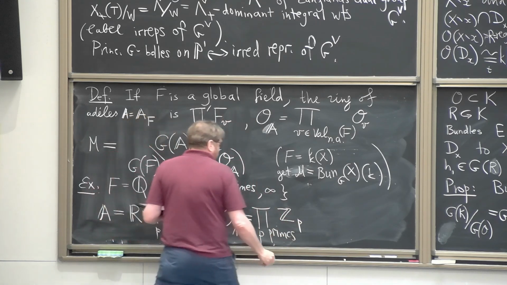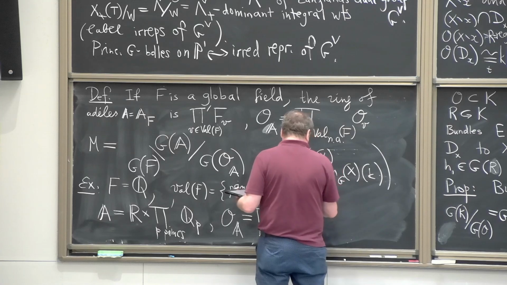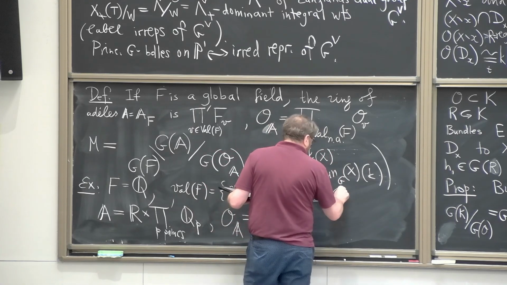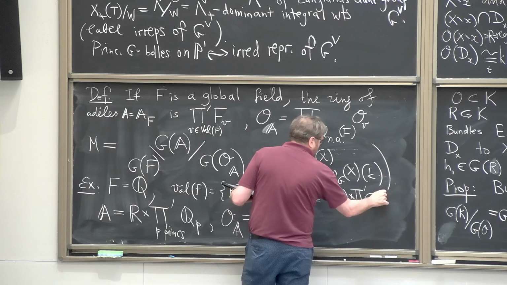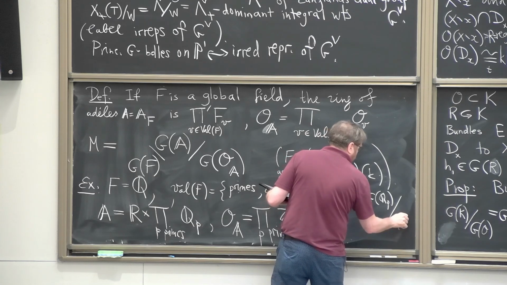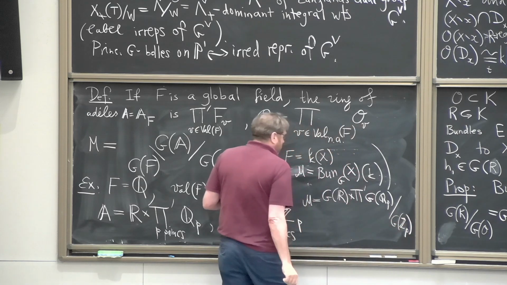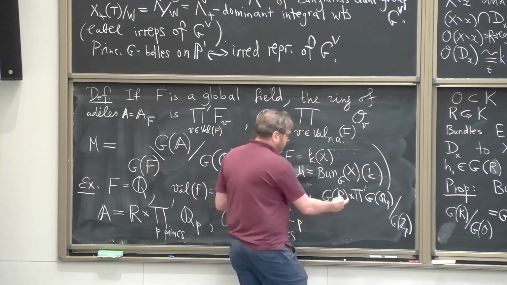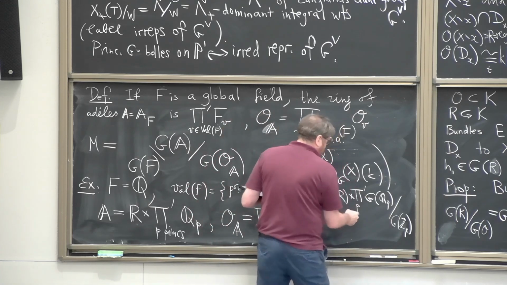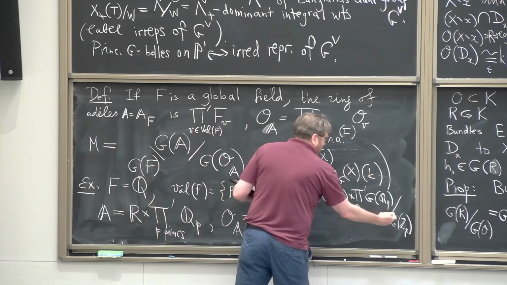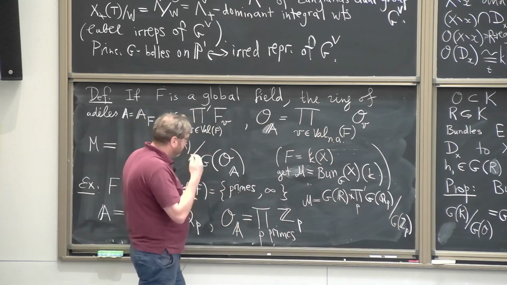And so our quotient is going to be G of R times the restricted product of G of Q_p modulo G of Z_p, where the restricted product means that almost all elements are 1, because if a coordinate is in Z_p, then we will get 1.